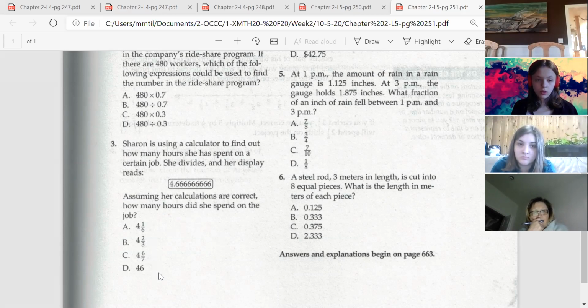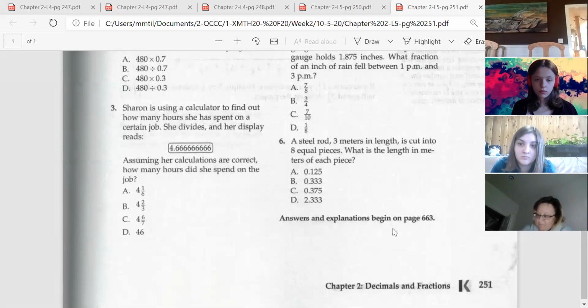Which one of these is the correct one? A, B, C, or D? I'm going to say B for some reason. B would be the answer because it's 2/3, and 2/3 is equal to 0.666666, right? Yeah, B is the answer.